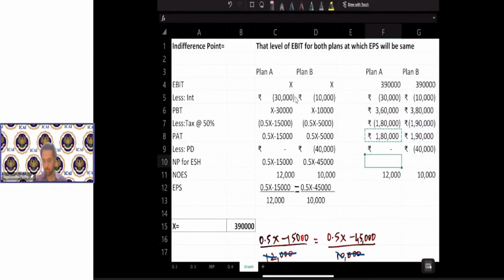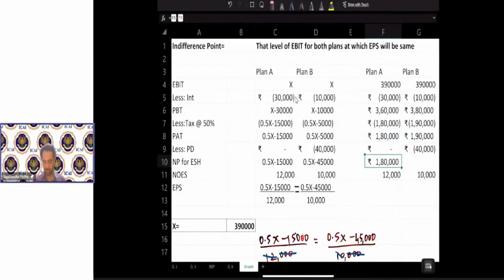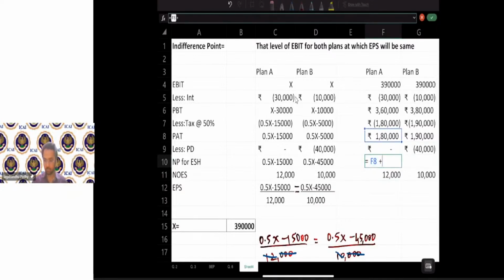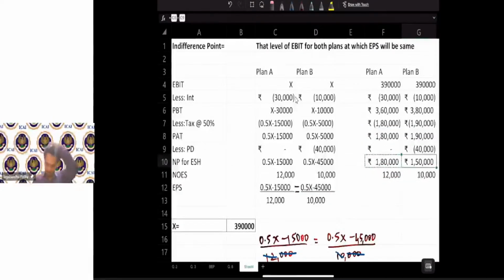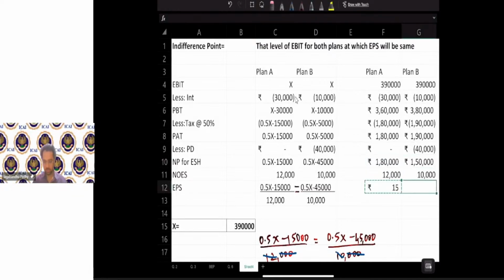Net profit for equity shareholders will be PAT less the preference dividend. Right, and then you just divide this by the number of shares. Boom. That's the same as EPS.